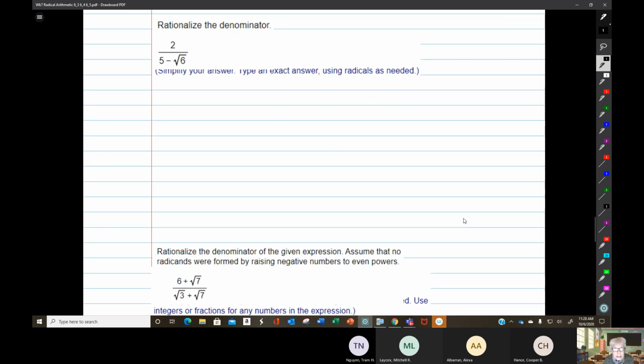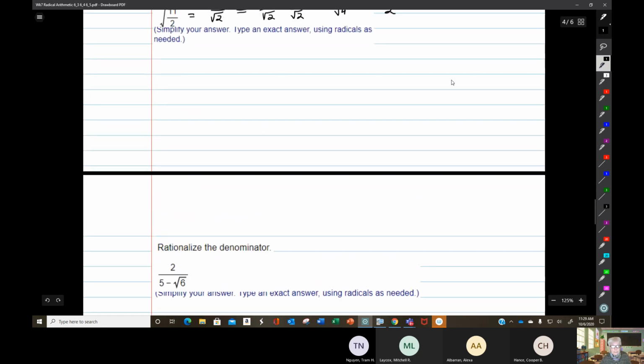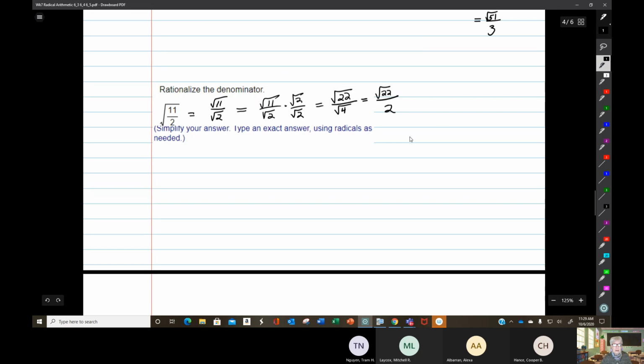Now we get to the hard ones. And I don't think you've done this before. Everything we've done so far is part of intermediate algebra. Even that. Well, that's part of beginning algebra. It really is.